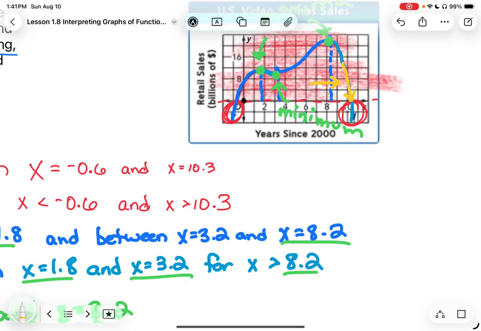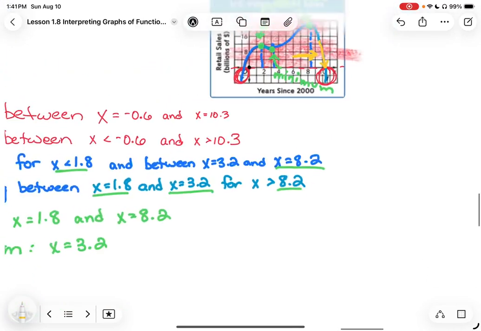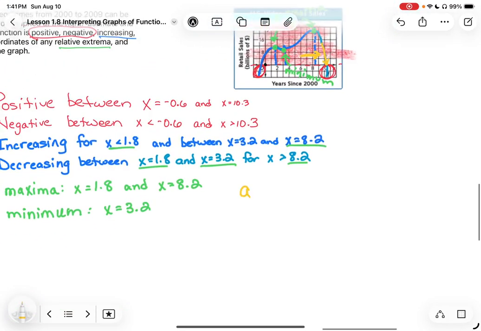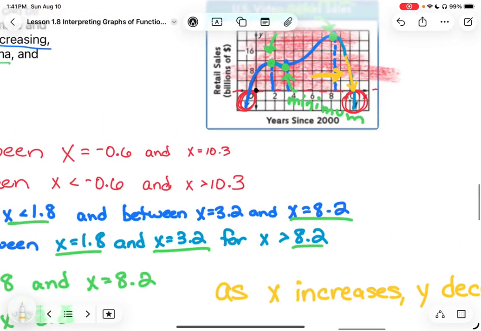As we move to the right of the graph, meaning as x gets bigger, the graph goes down. So we'll say as x increases, y decreases, because if I move to the right of the graph, it goes down. Y is decreasing. What happens on the other end?